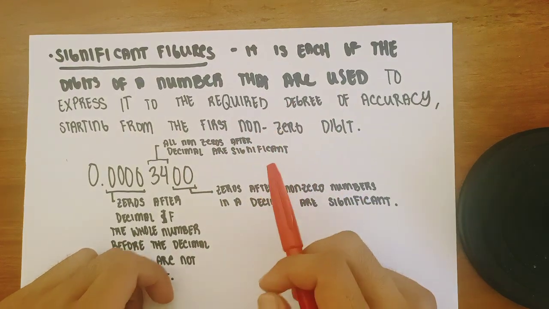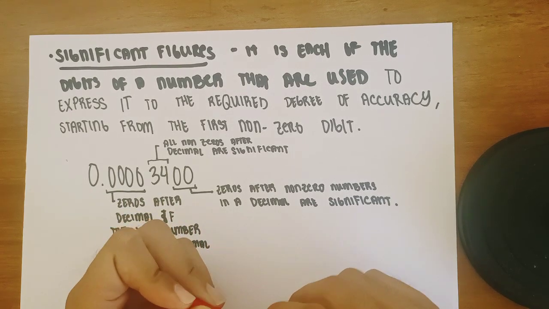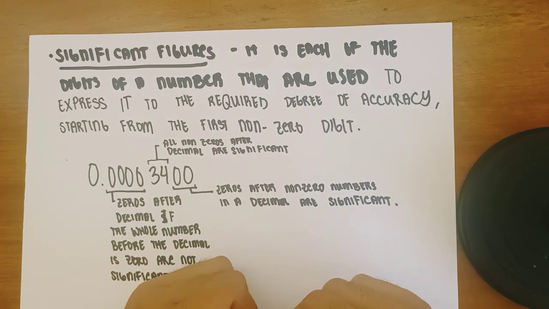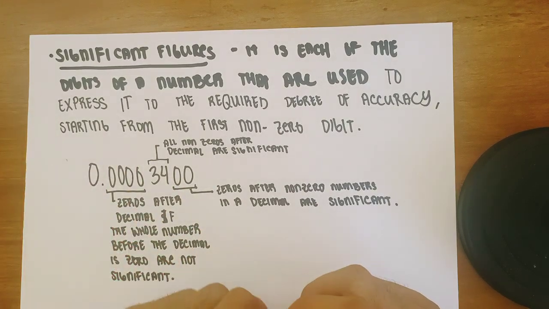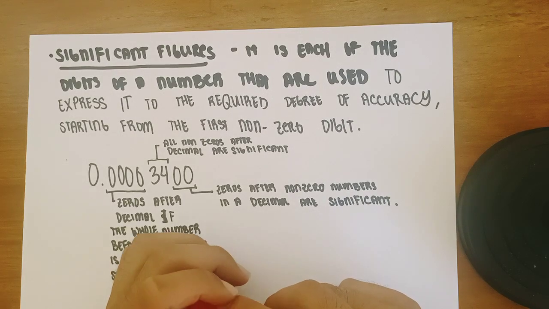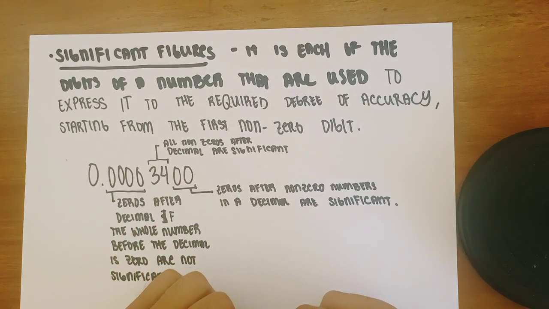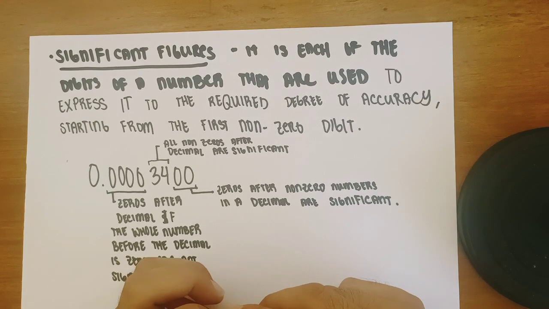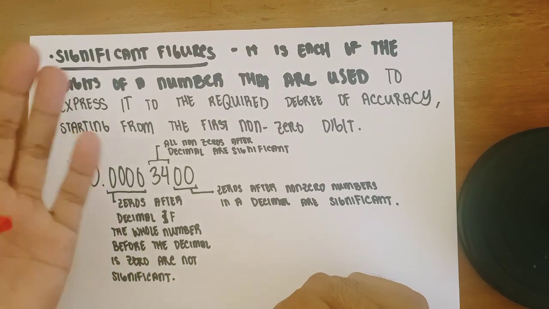So, i-explain ko sa inyo kung paano ginagamit to is sa mga problem sa math, of course, magsasabi sila na, okay, since naka-decimal places yung sagot, sabihin niya, okay, gusto ko 4 significant figures ang final answers, for example.